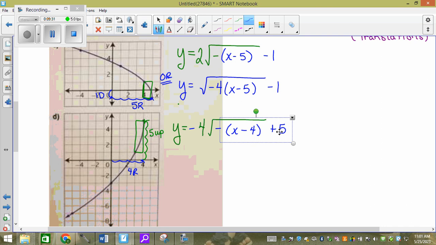How can I get that 4 to go inside? Square it. So y equals negative. The negatives don't move, just the number. Negative 16 x minus 4 plus 5. So that's a horizontal stretch by a factor of what? 1/16.